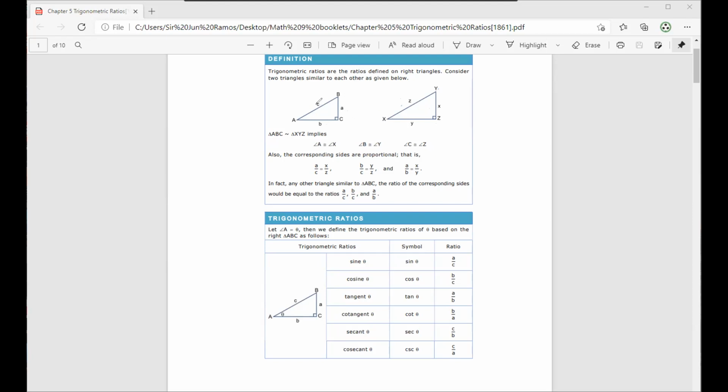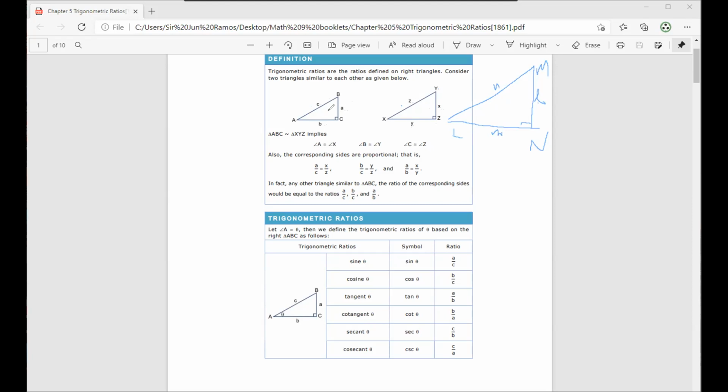Or A over C is the same as X over Z. A over B is the same as X over Y. And B over C is the same as Y over Z. So no matter how big the triangle is, for example, if triangle LMN is similar to triangle ABC or triangle XYZ, the ratio of the sides, L over N, should be the same as X over Z, should be the same as A over C. Okay?